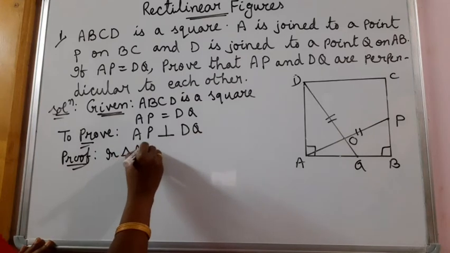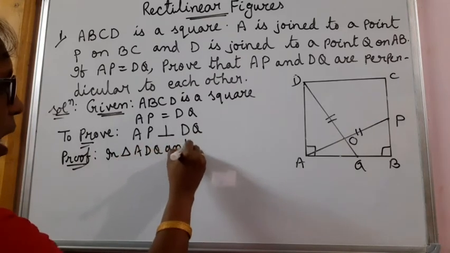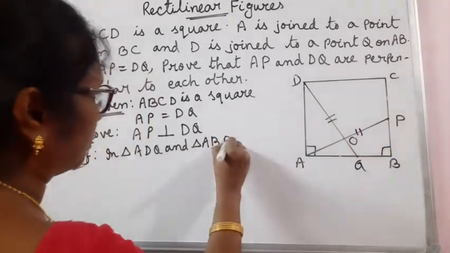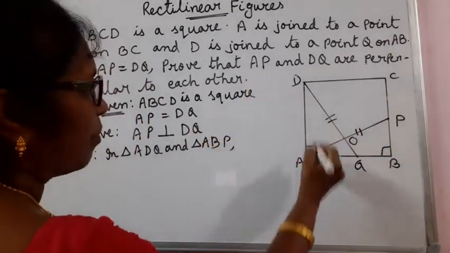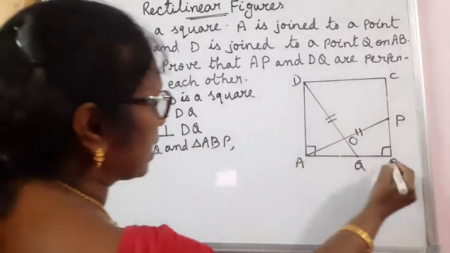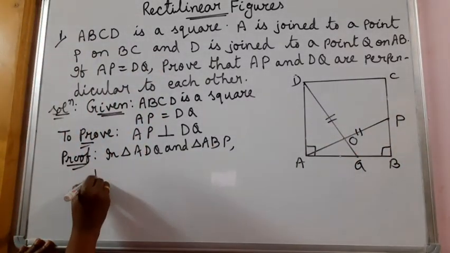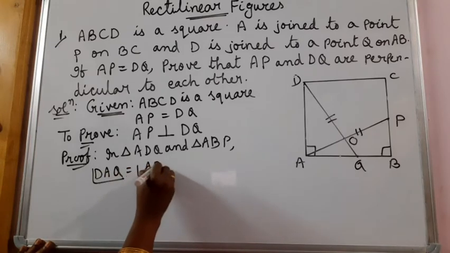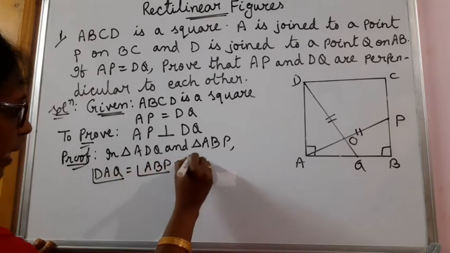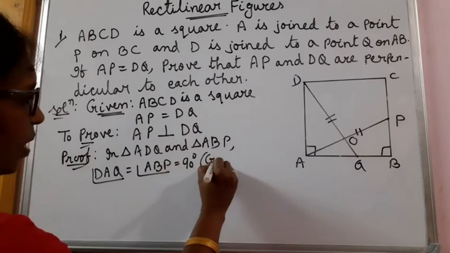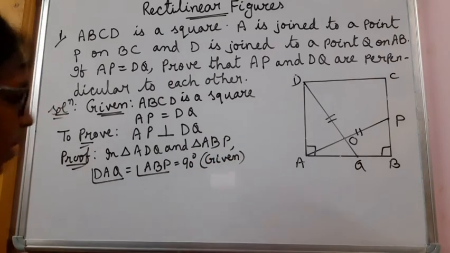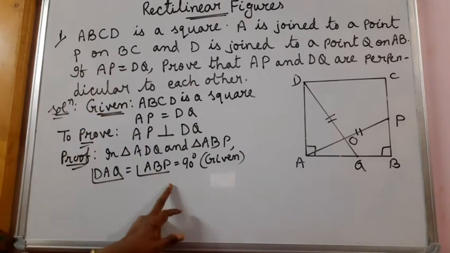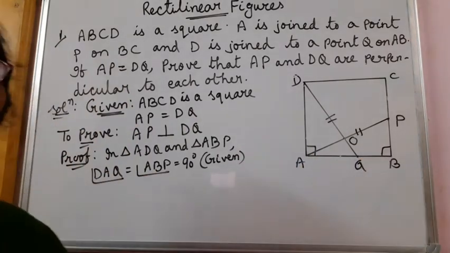In triangle ADQ and triangle ABP, angle DAQ is equal to angle ABP, that is 90 degree, given. The reason why 90 degree is because ABCD is a square, so each angle in a square is 90 degree.